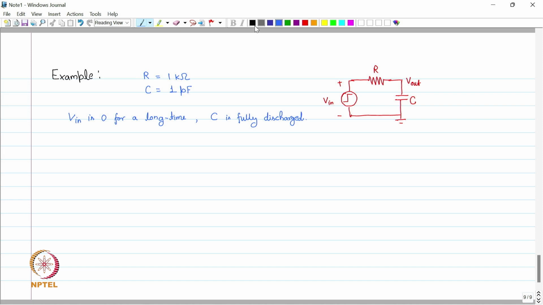Now what happens? This is the pulse we apply at input, which is V in, and this is with respect to time. The output will respond to this input and will start rising.